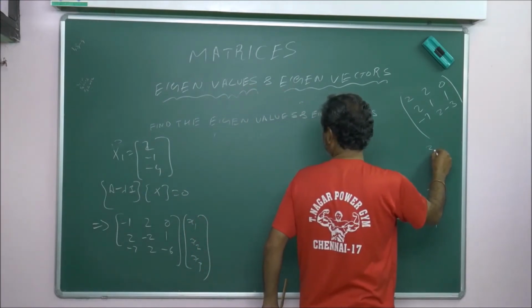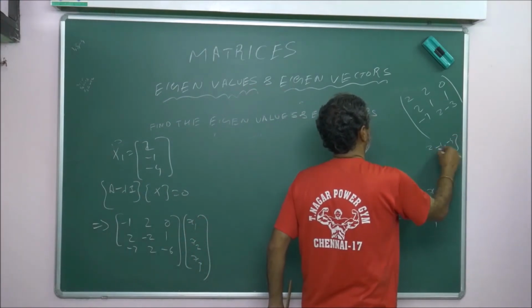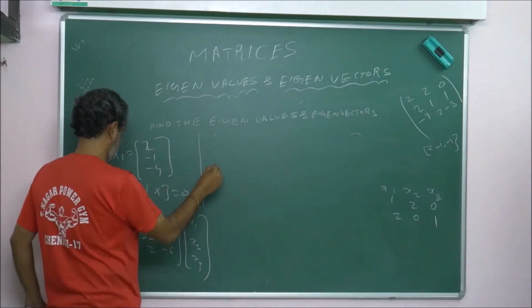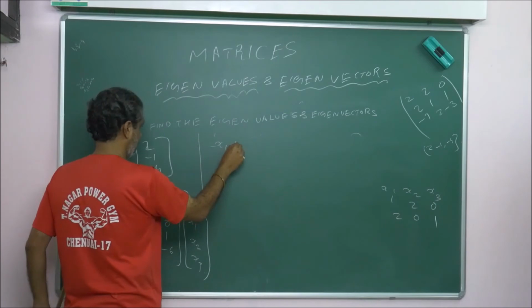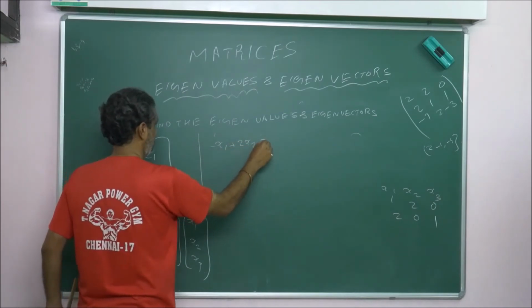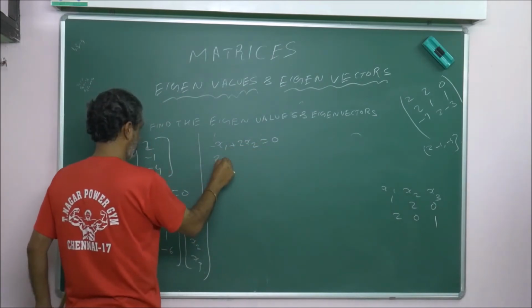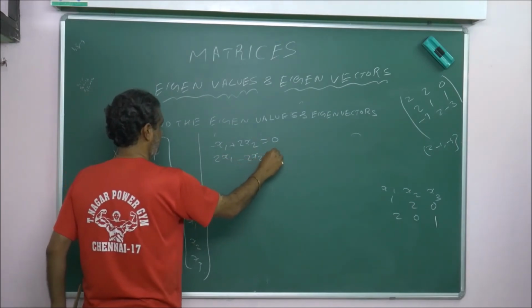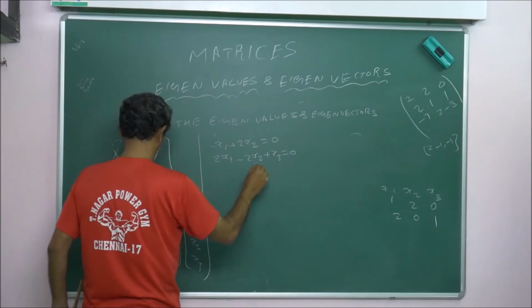2, minus 1, minus 4. Then if you solve this, what will you get again? Minus x1 plus 2x2 is equal to 0. Then 2x1 minus 2x2 plus x3 is equal to 0.